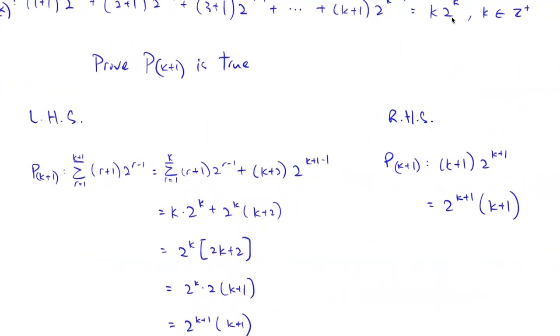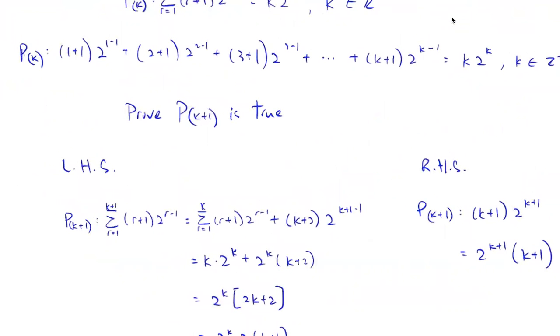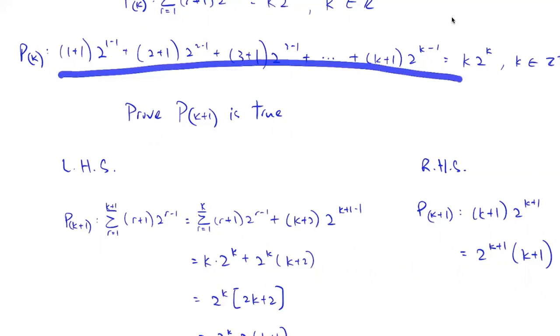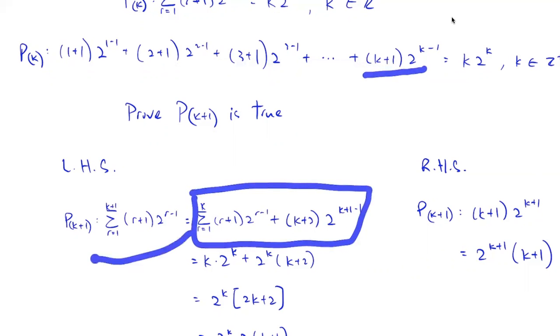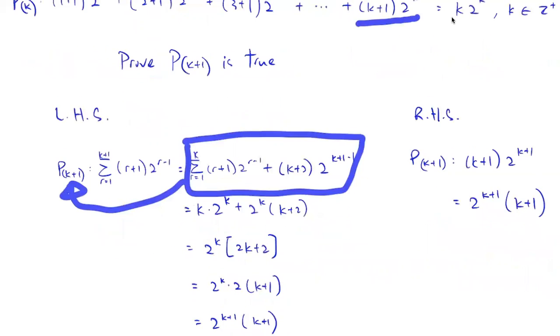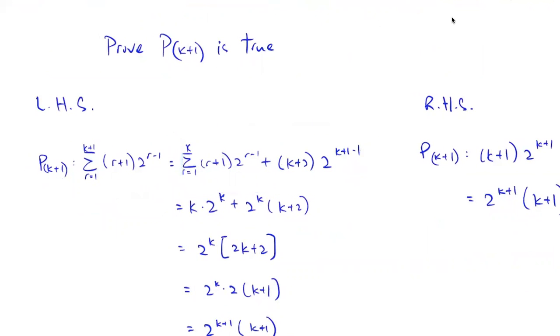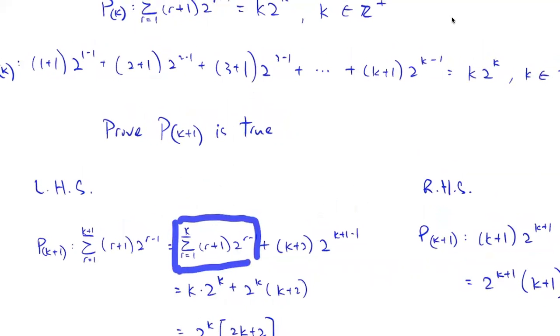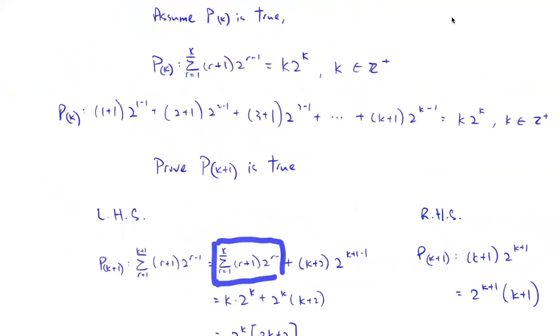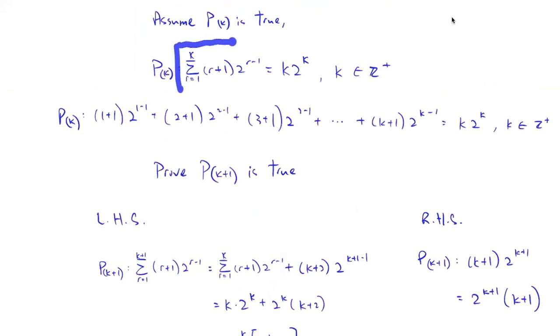And what's happening here is we've shown that Pk here plus the last expression here with k plus 1 instead of k. So this whole chunk represents Pk plus 1. So we can write this expression as k times 2 to the power of k because we have assumed above this expression equates each other.